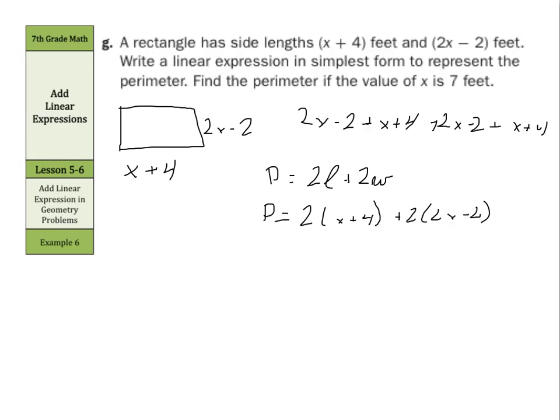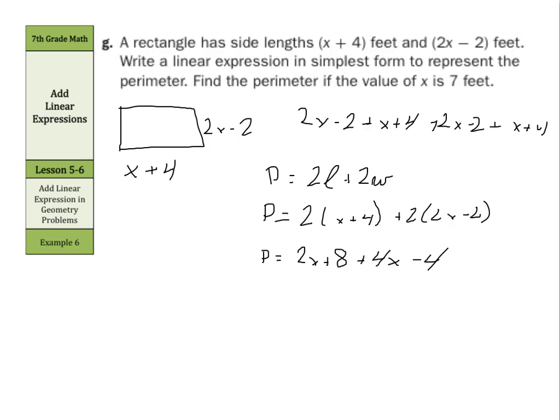Now when we distribute this, perimeter equals 2 times x is 2x, 2 times 4 is plus 8, 2 times 2x is 4x, and 2 times negative 2 is a minus 4.